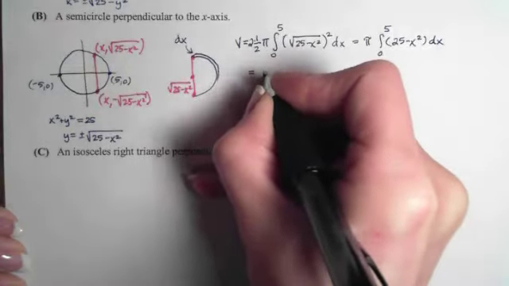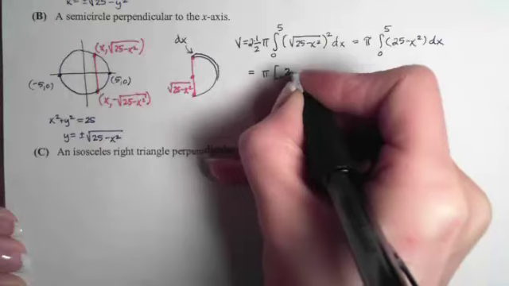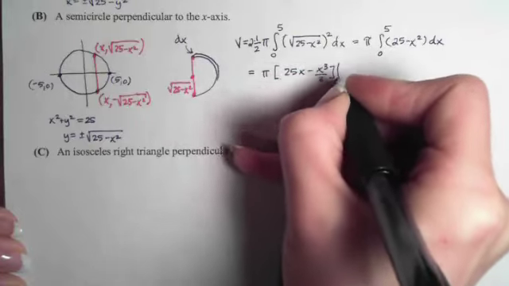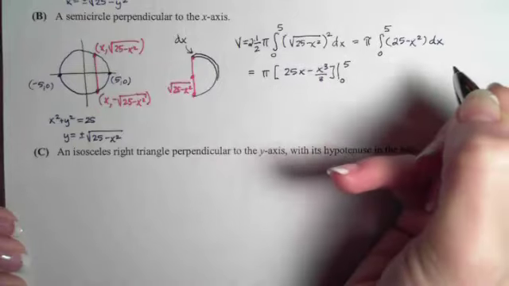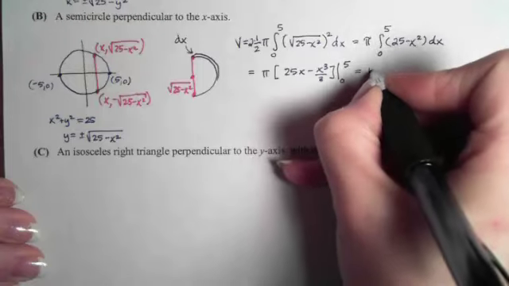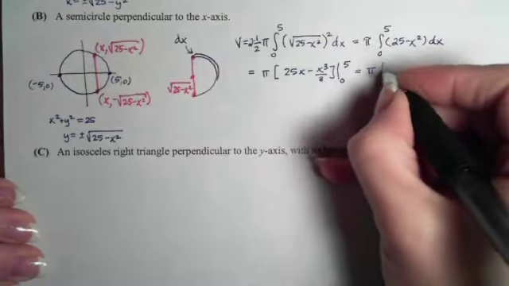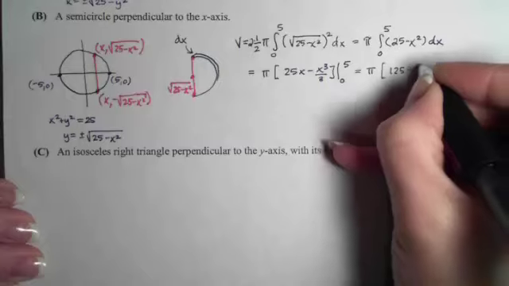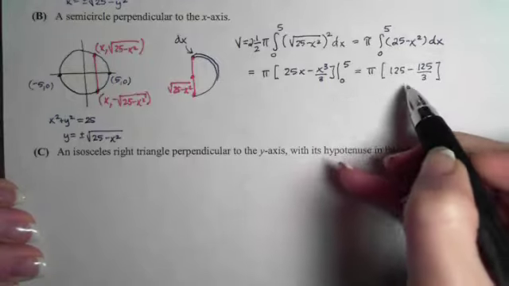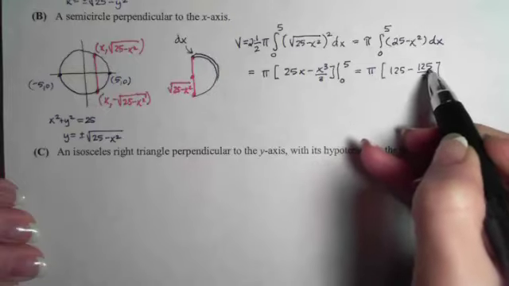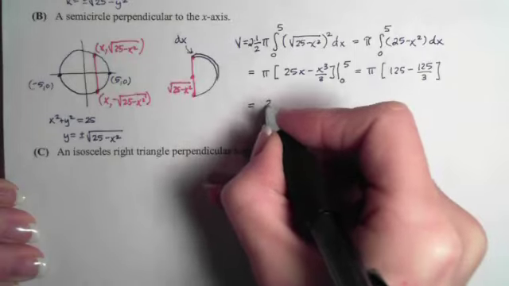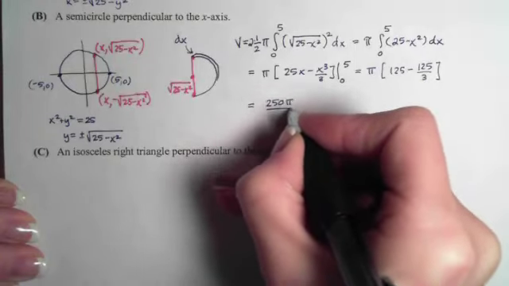So the antiderivative will be 25x minus x cubed over 3 from 0 to 5. Now that looks an awful lot like the one we just did up at the top. So I'll have pi times 125 minus 125 over 3, which means if I get a common denominator, I'm going to get 2 of those 125s over 3, which will give me pi times 250 over 3.